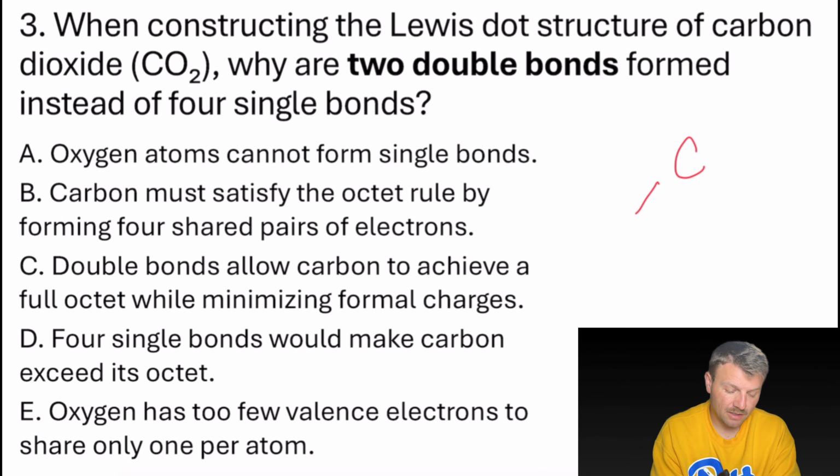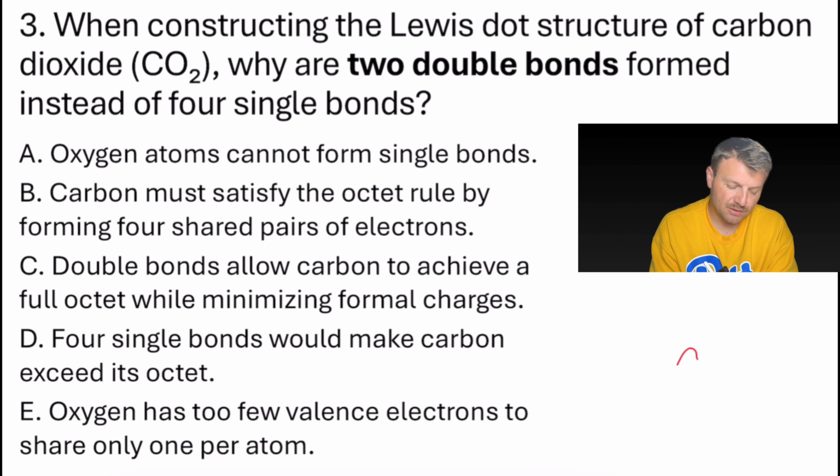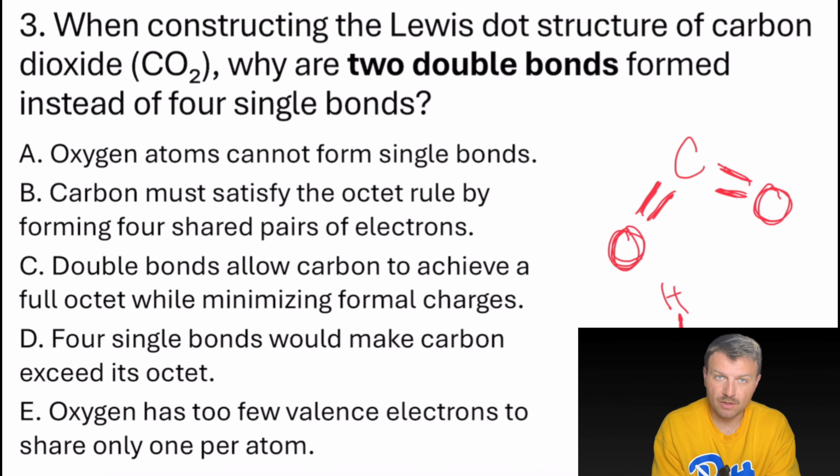We have carbon, it's going to be double bonded to oxygen, and double bonded to the other oxygen. The reason we have these double bonds is because there's just not enough atoms to form 4 single bonds. If this was methane with 4 single bonds, you would need a hydrogen at each one of these locations. We just don't have enough atoms to form those single bonds.